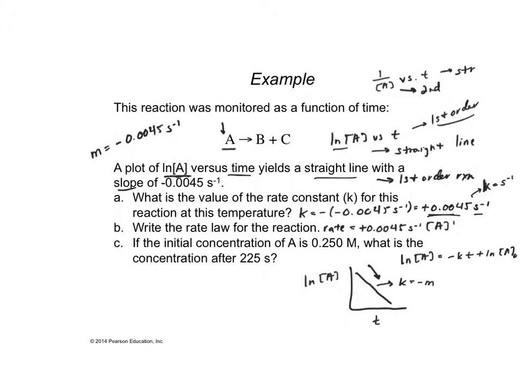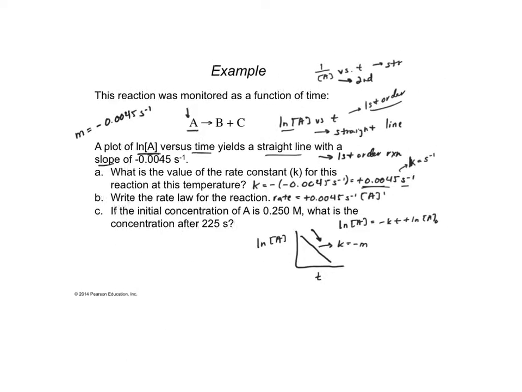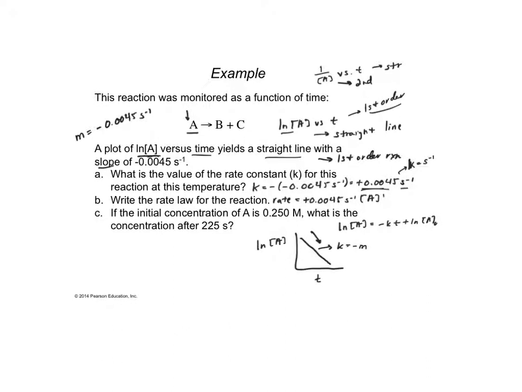That is it. And then C, this is when we're actually going to utilize these integrated rate laws in the way that I kind of introduced them, right? For C, they say for this reaction, if it had initial concentration of 0.25 molar, what is the concentration after 225 seconds? So this is what I mean by how does the concentration vary as a function of time, and can we calculate that type of data, right?